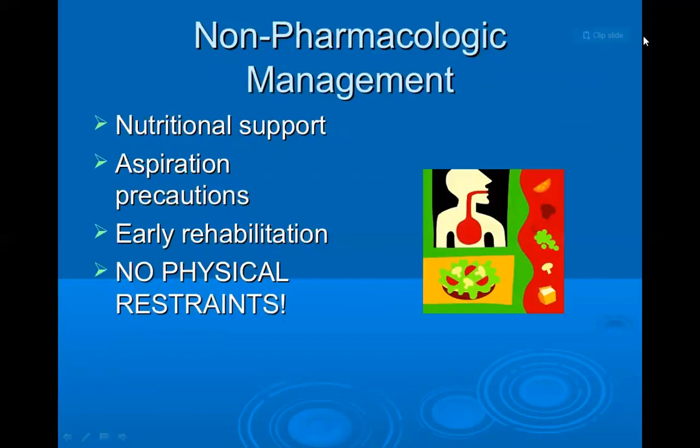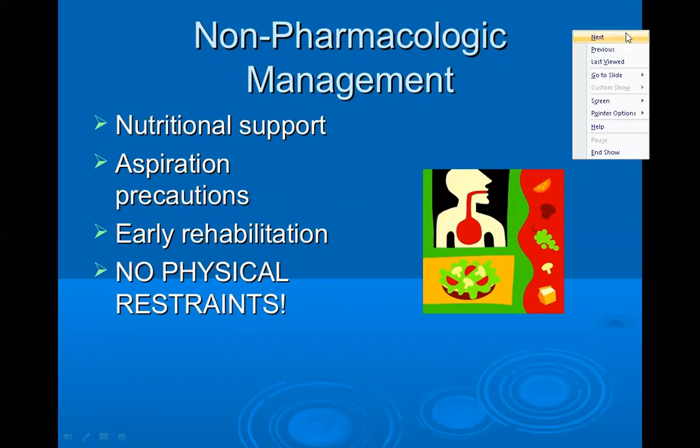Then non-pharmacological management: we have to provide proper nutritional support, aspiration precautions, and a comfortable position during sleep. We will see that the patient does not aspirate secretions, then provide early rehabilitation techniques, and no physical restraint.